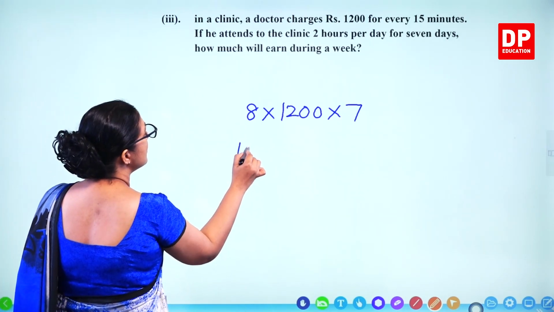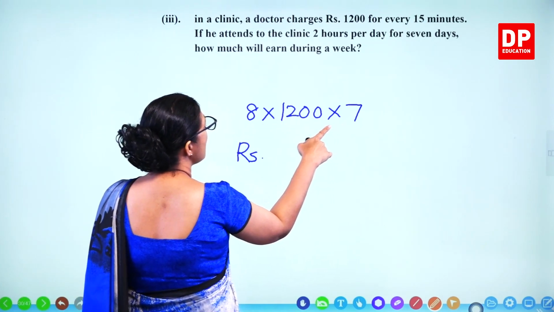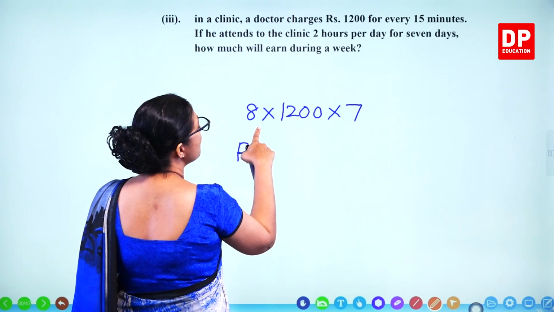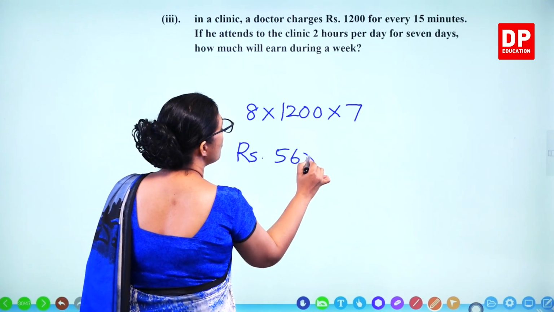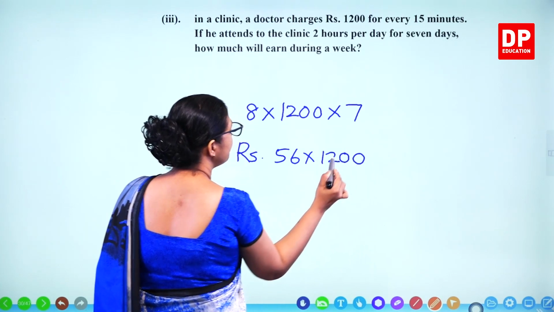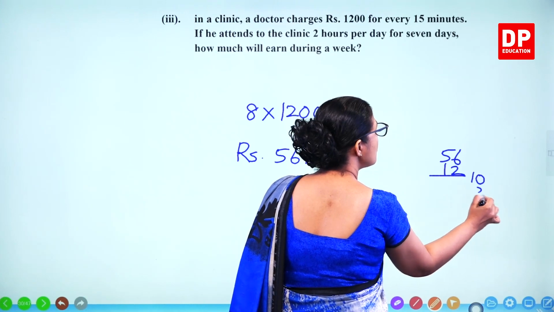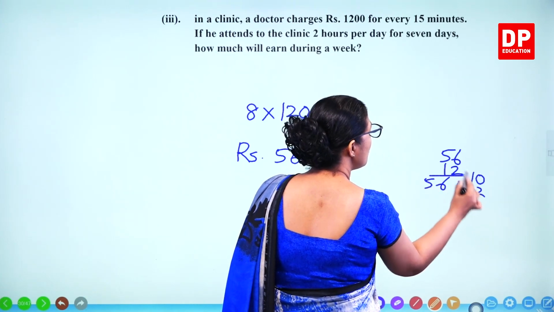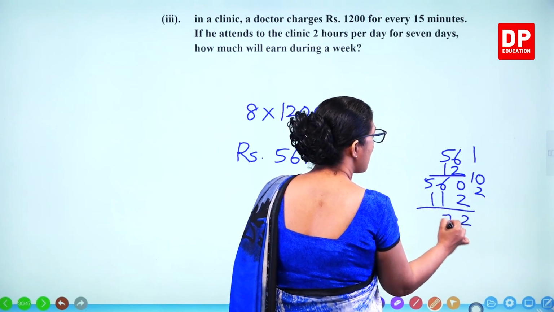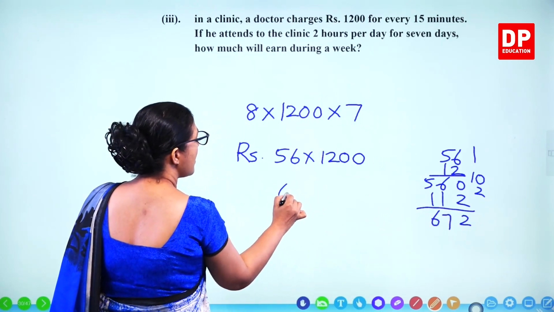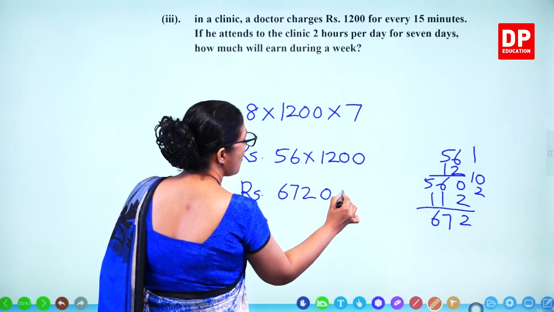So what's the amount earning? 8 times 7, 56. 56 into 1,200. 56 into 12, 672, and 2 zeros you have to put.